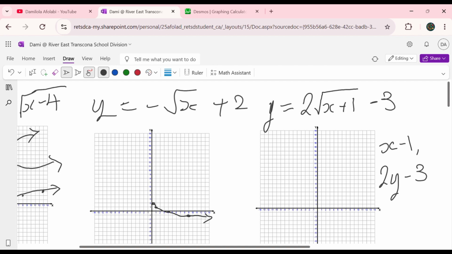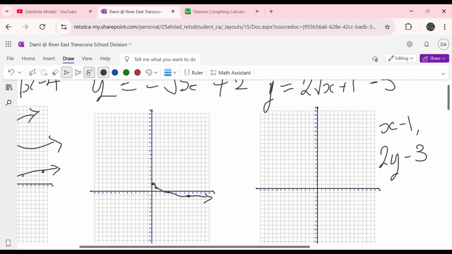And 2y minus 3. The graph is multiplying, so it's stretching. So the graph is getting taller and steeper, and it's going down by 3. So 0, 0 would start at negative 1, negative 3. 1, 1, that'll be 0.